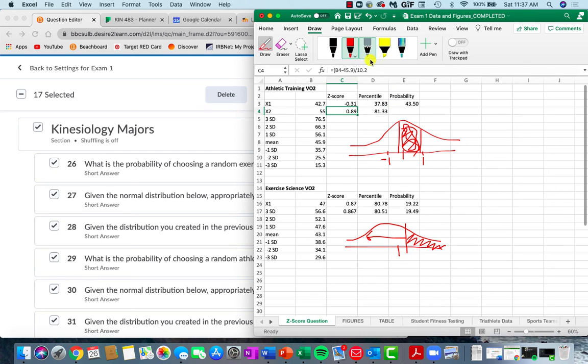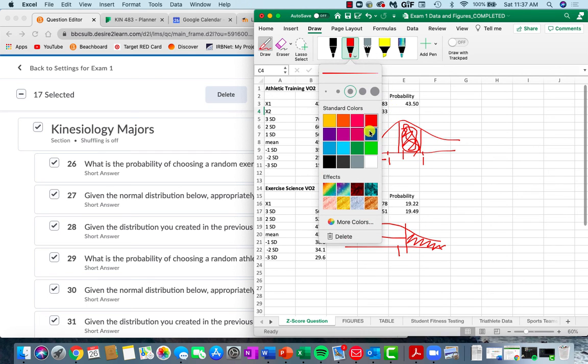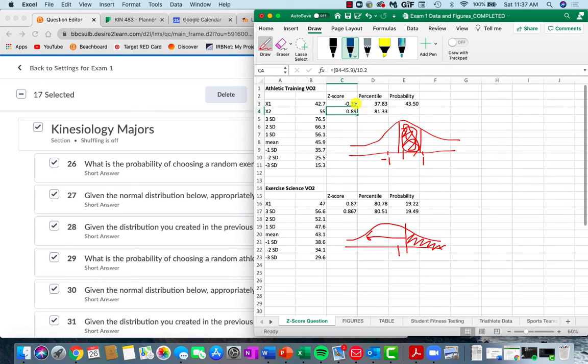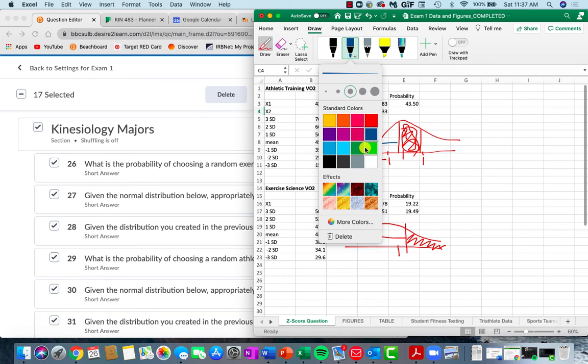And we get that by, if I change colors here, the percentile of 42.7, right? This is returning the percentage from here over, or to the left, which technically we're not really concerned about, okay?